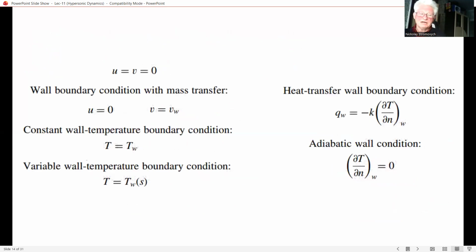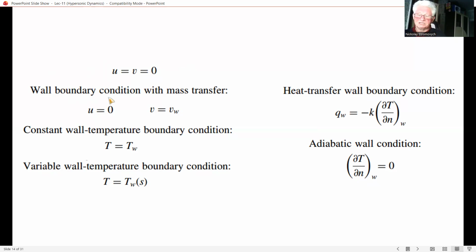For boundary conditions, we can see at the left part of the slide on the top, u equals v equals 0. If there is mass transfer at the wall as a result of ablation or transpiration cooling, for example, then this equation is modified as follows.